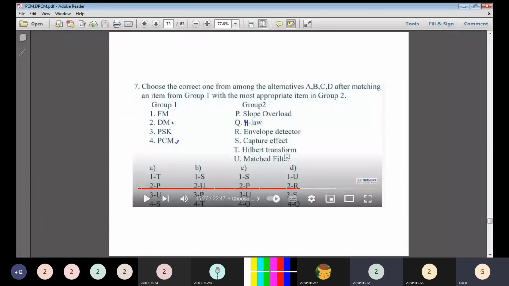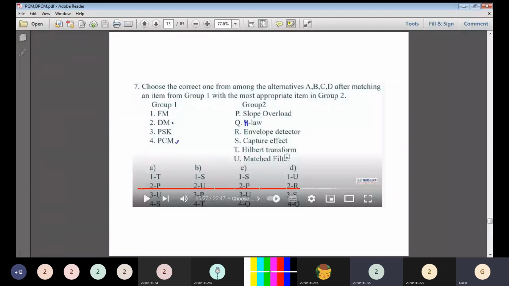Next one is delta modulation, DM. What is the relative word for DM? We have the first option P, that is slope overload distortion, one of the distortions available in delta modulation. Next, we'll have the PSK, phase shift keying. What is the word regarding PSK?